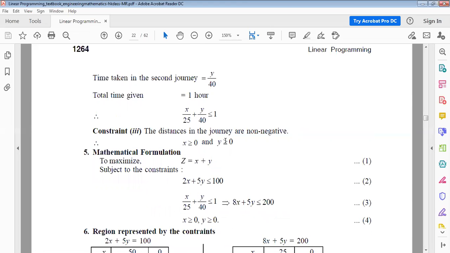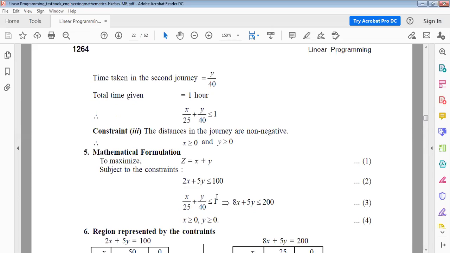So there is another constraint: he will journey x kilometers at 25 kilometer per hour and y kilometers at 40 kilometer per hour, and a distance can never be negative. Okay, this is the non-negativity restriction. So the mathematical formulation: we are maximizing the total distance x plus y, subject to the constraints. The cost cannot exceed 100 taka because he has only 100 taka.